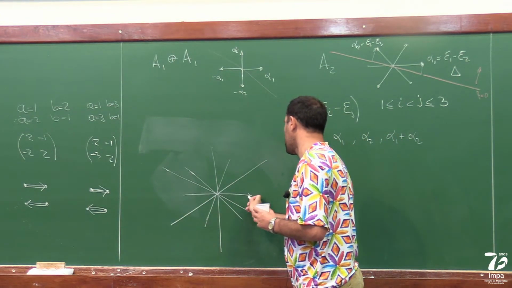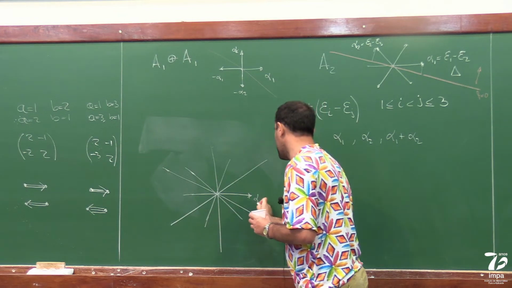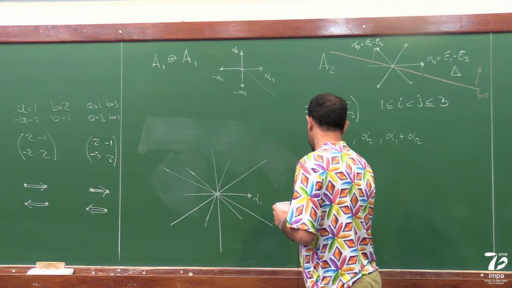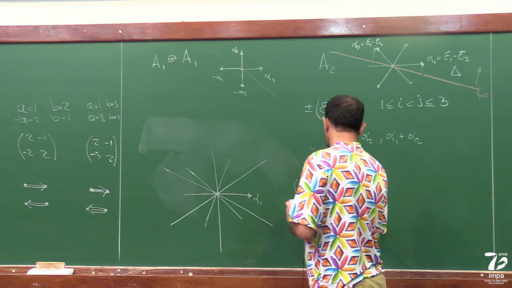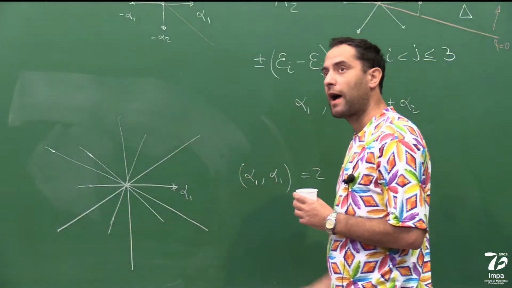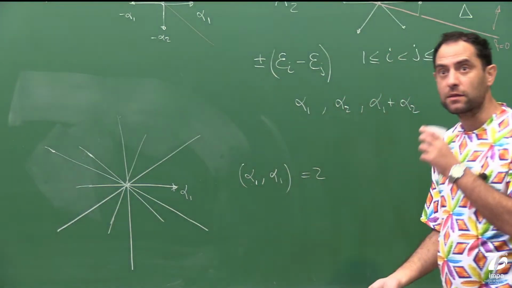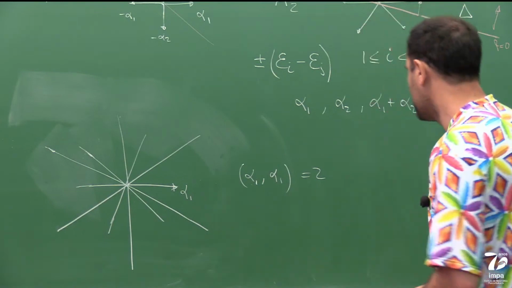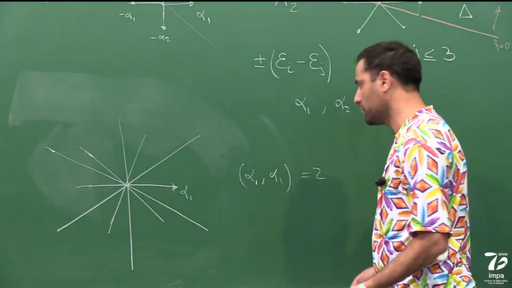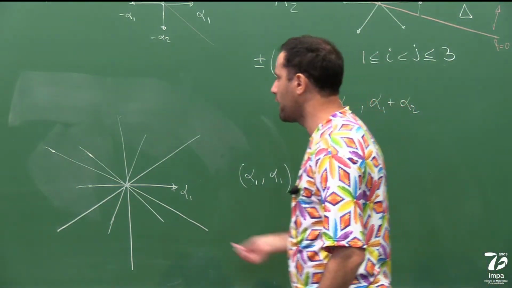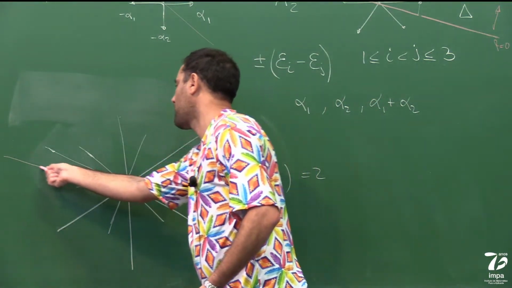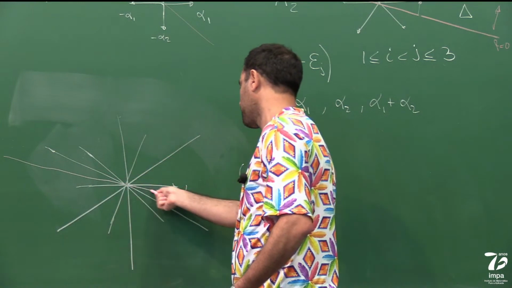So these roots here have square norm... Let me call this guy alpha 1. This root here has square norm of alpha 1 equal to 2. And the other roots have square norm 6. So again, choose any line through the origin. And you're going to realize immediately that, well, I'm going to choose one particular one. Something like passes between these 2 roots.